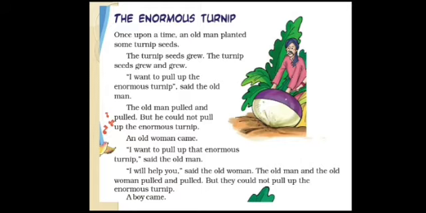Just observe here, in the first line, "an old man" is there, and here "the old man" is there. So why in the first it is "an" and why here it is "the"? Because in the first line we didn't know about the man, that's why "an old man" is there.